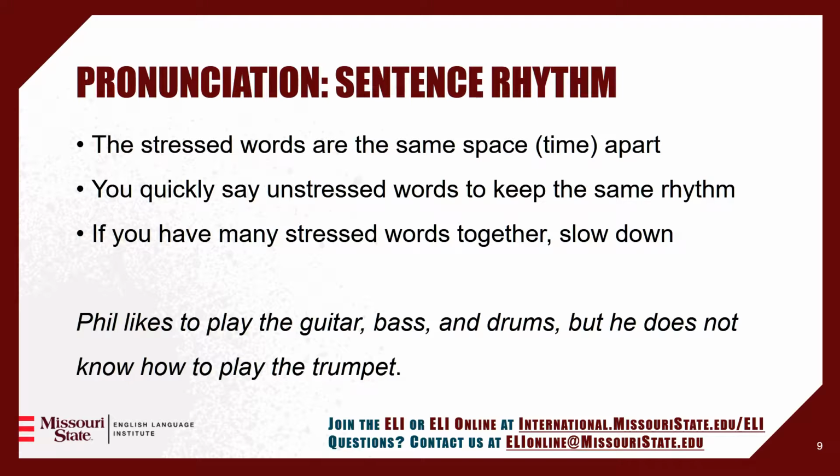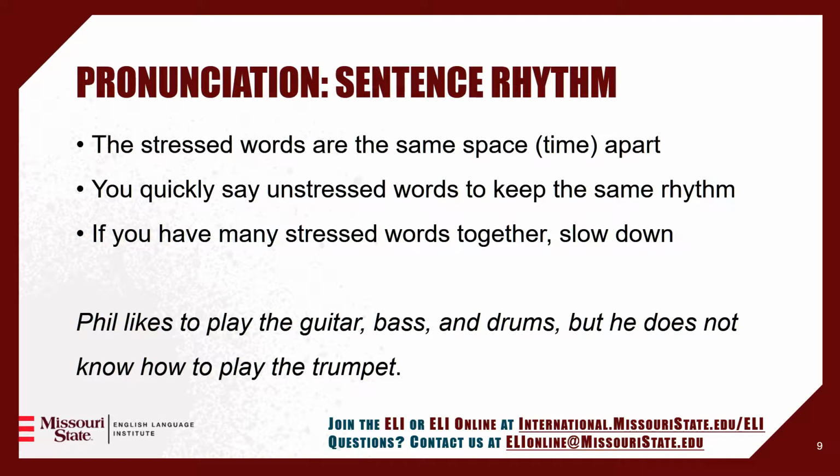They're the same amount of time in between each stressed word. Okay? So this means that you have to quickly say unstressed words to keep the same rhythm. Okay? It also means if you have many stressed words together, you have to slow down to keep rhythm. Okay? So I realize this is a little confusing. Let's use an example to talk about it.